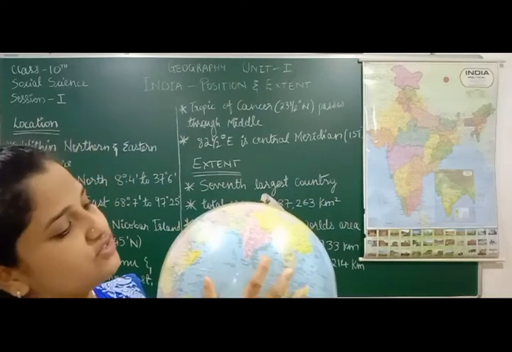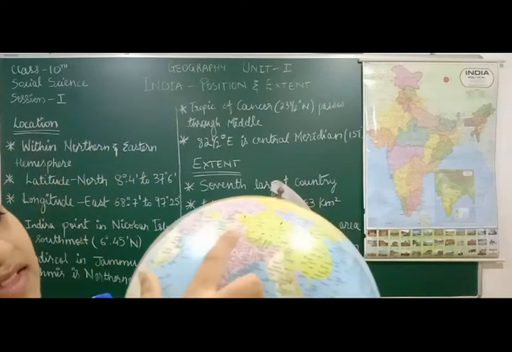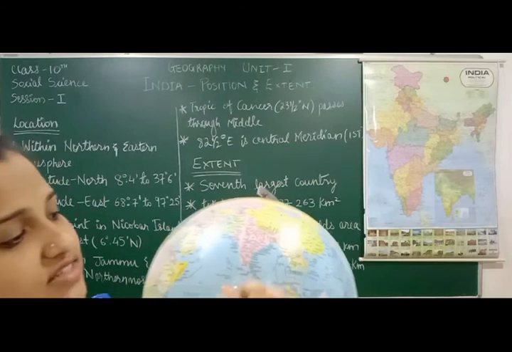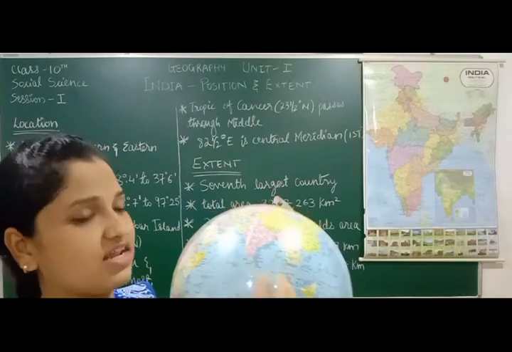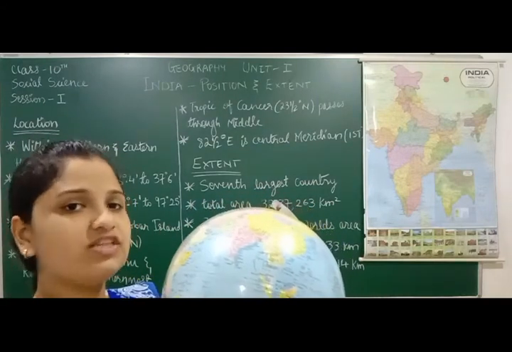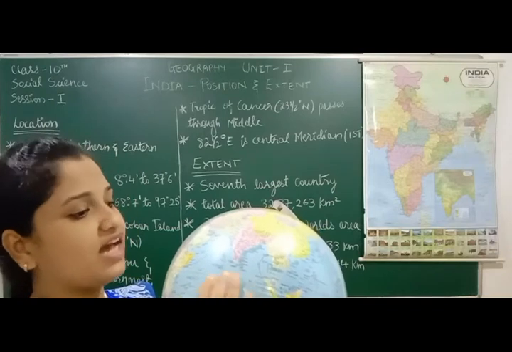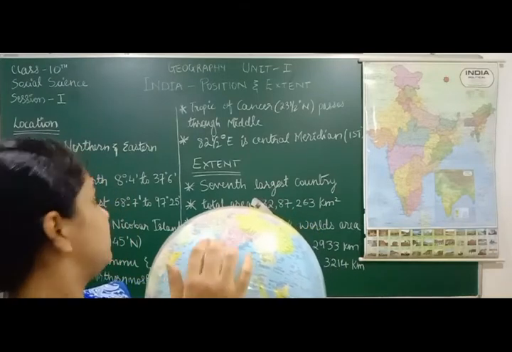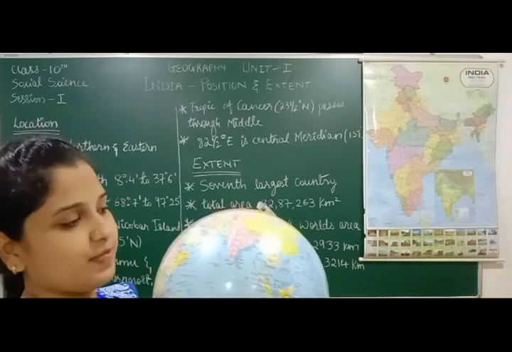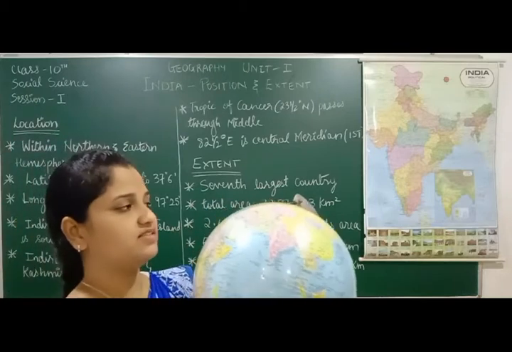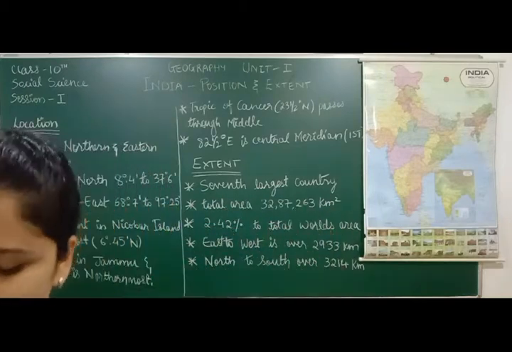Is it clear to you? Can you see this pink colored country, India? It lies in the northern hemisphere and the eastern. So how are we going to give the location? We are going to say India lies in the northern and eastern hemisphere. Okay, is the globe clear to you?